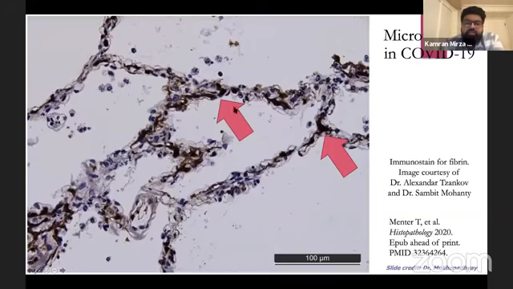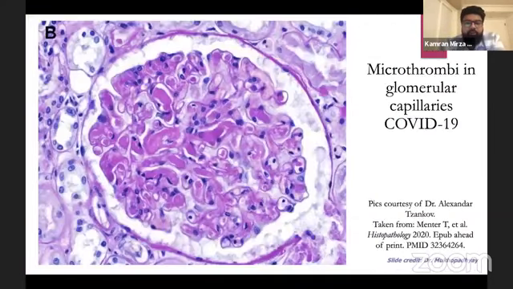Here you don't necessarily see any evidence of diffuse alveolar damage because there are no thick membranes. However, within those thin alveolar capillaries, we're seeing lots of brown staining, and that brown staining is the stain for fibrin, because these are all fibrin microthrombi.